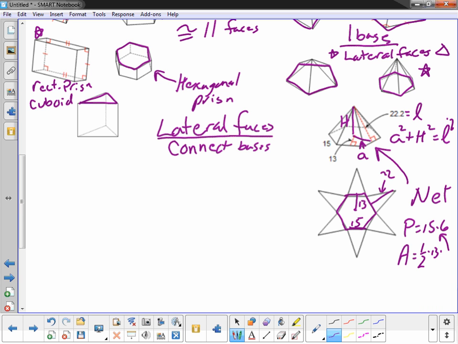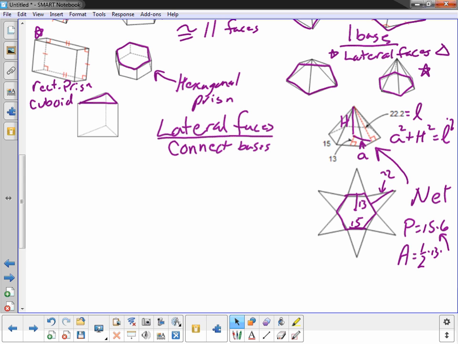Now there are so many different right triangles that could be made here. You could go from the corner, in which case I would have a radius going in, and then I wouldn't have the slant height of the triangle on the side, but I would have an edge length. So you got to kind of watch out for those. But again, we get a right triangle that forms out of that.